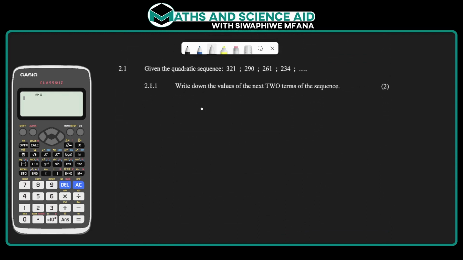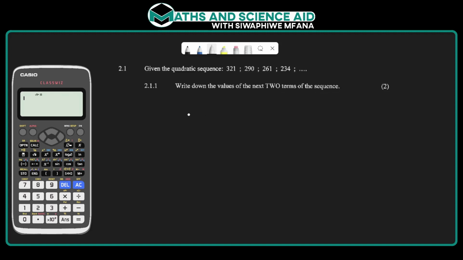For the first part of the question, we are given a quadratic sequence 321, 290, 261, 234. And the first question is write down the values of the next two terms of the sequence.